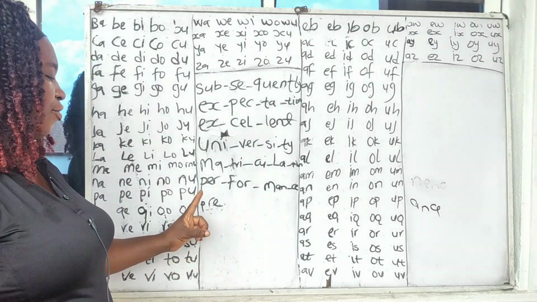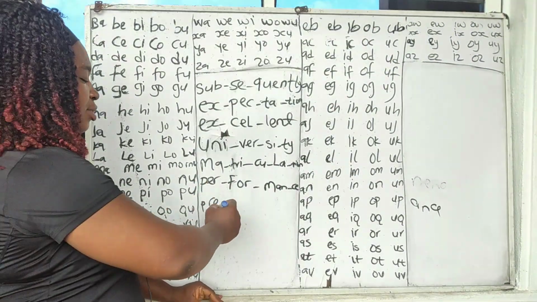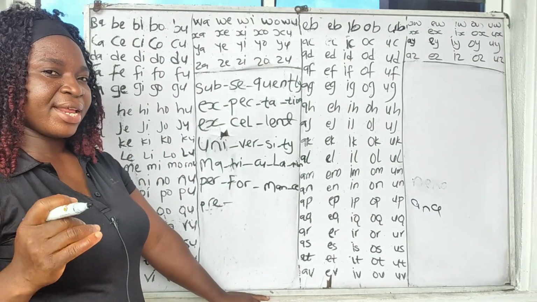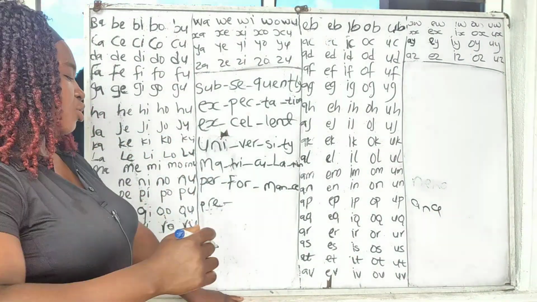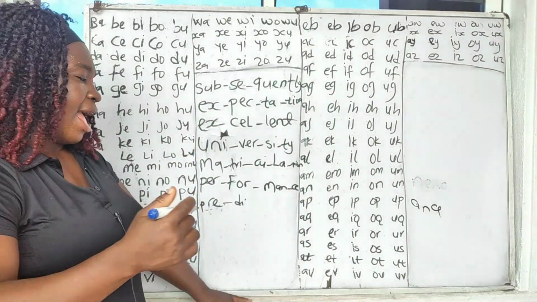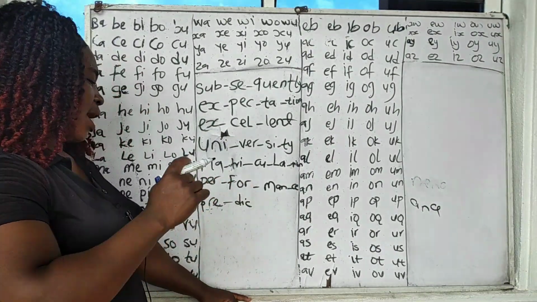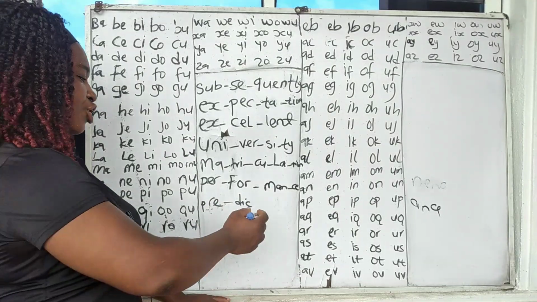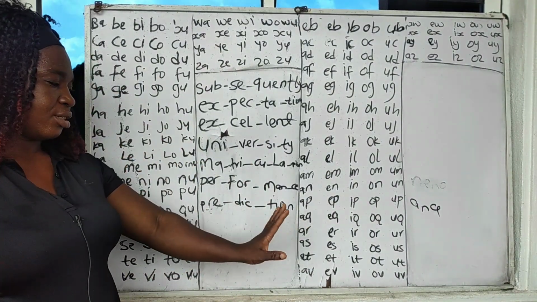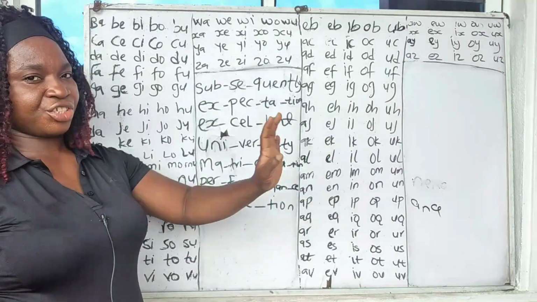Okay, so we have pre, and now I want to get the dick. Remember, we are writing prediction. So I write my D, and for this to be dick, I have to add C. So I have prediction. Okay, so this is prediction put together, prediction.